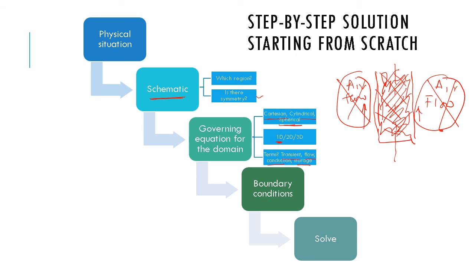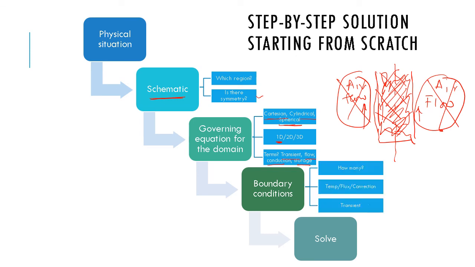Then we get to boundary conditions. First you decide how many. If you are doing a 1D problem, it has 2 boundaries. Or if you are doing cylindrical coordinates, then it's these 2 boundaries. So 2 boundaries means you need 2 conditions.